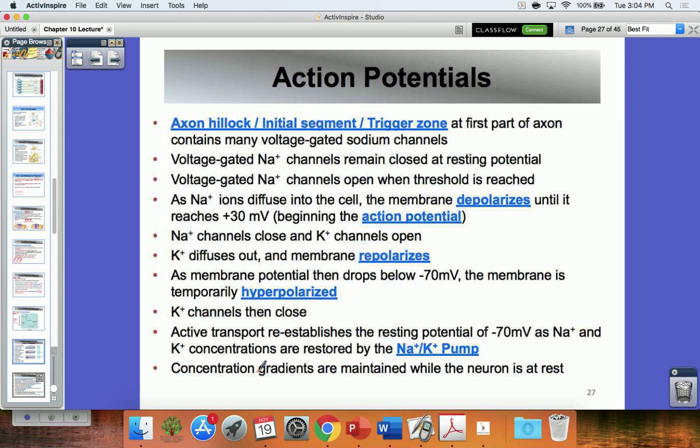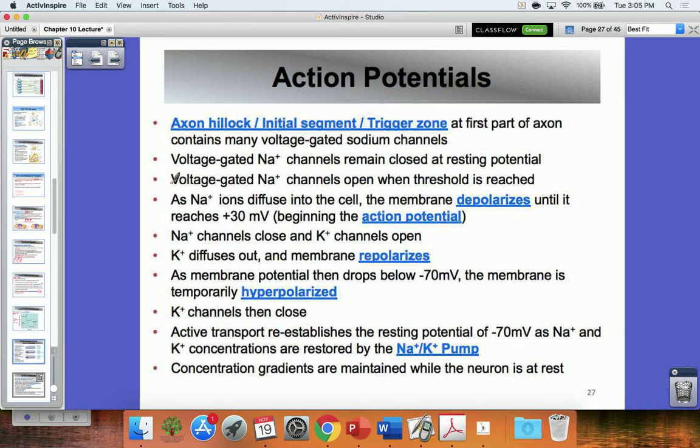Okay? This is just the same thing, just in word form. So I'm just going to talk through this, again reviewing. So we have so many sodium and potassium channels along this area, specifically on the axon hillock, which is the trigger zone that's going to cause an action potential to go down an axon. All right. So we have sodium and potassium channels closed.